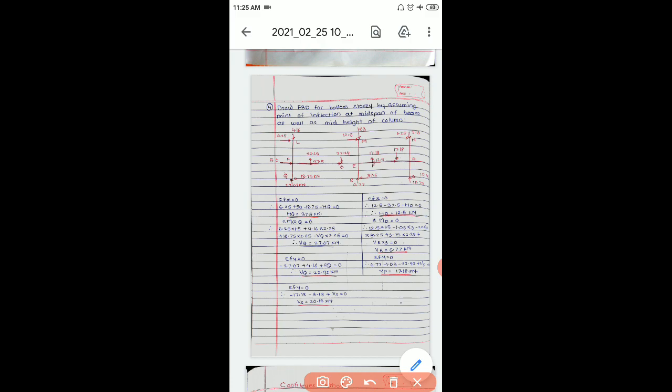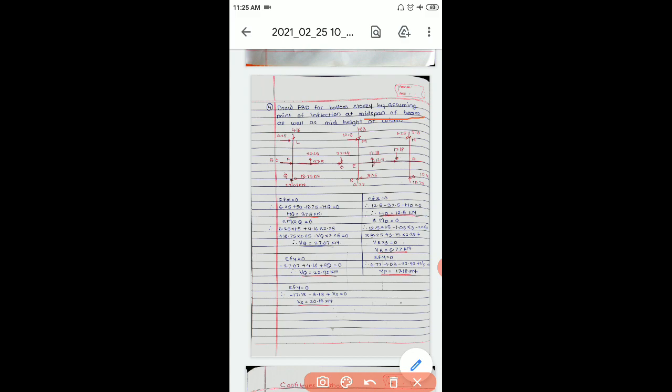So we have calculated this, and here we have assumed the point of inflection, or point of contraflexure, or point of zero moment, is exactly at the mid height of the column on the ground floor. Then the next assumption is that the point of inflection is exactly at the midspan of the beam.